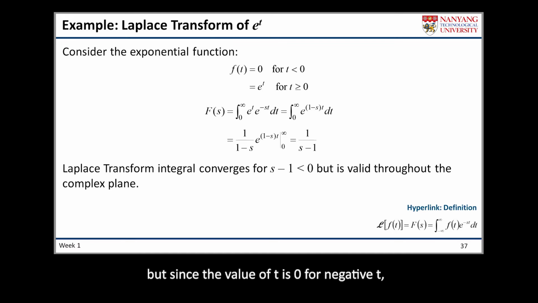But since the value of f(t) is 0 for negative t, I can simply express this formula by integrating from 0 to positive infinity of exponential t times the exponential of minus st, and then I integrate it over time with dt here.